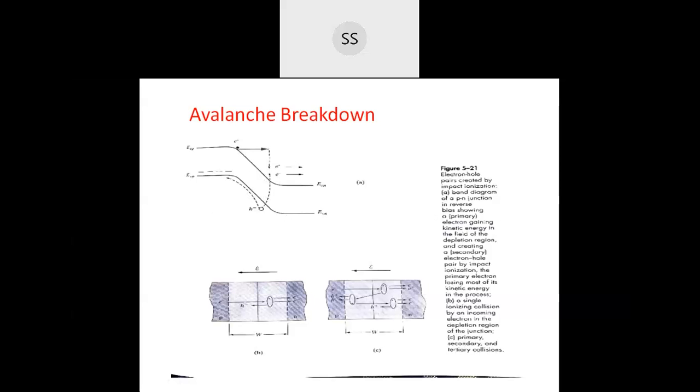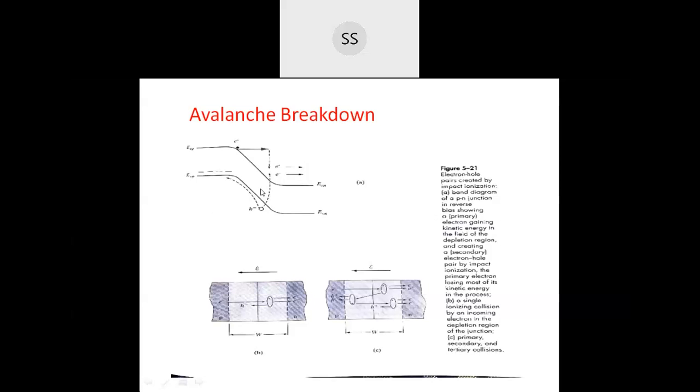This is shown in figure A. Here a single electron is there. As it is accelerated, due to impact ionization, it causes collision, and because of collision, it leads to carrier multiplication.